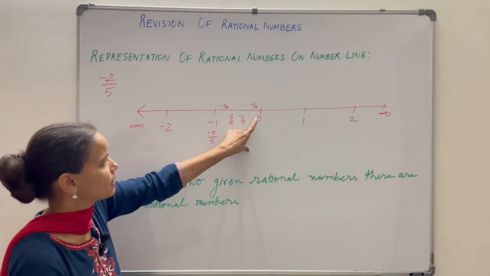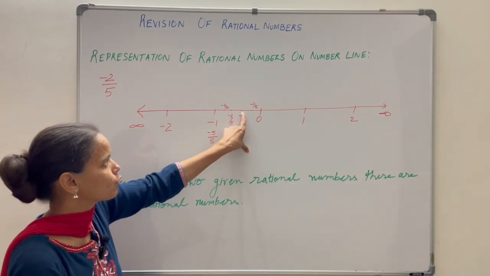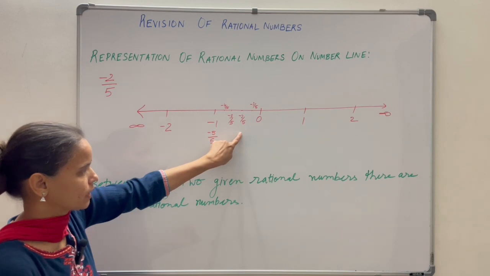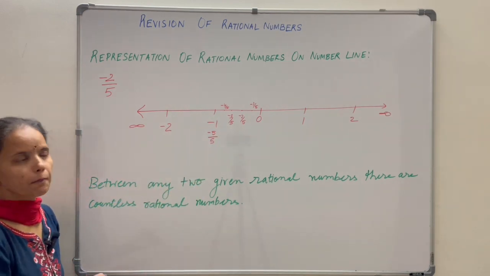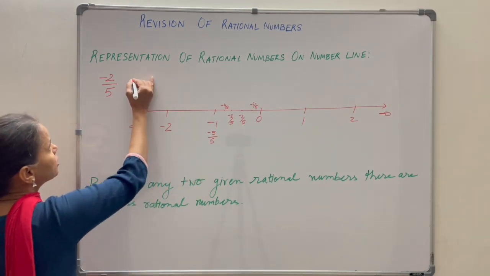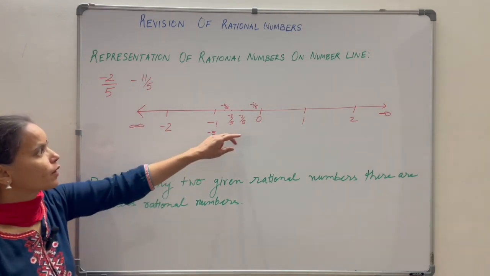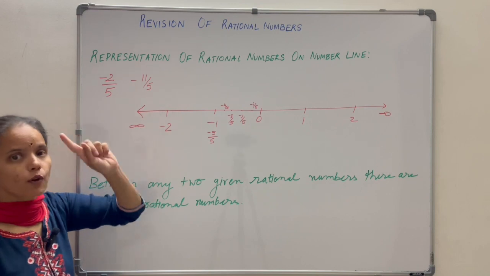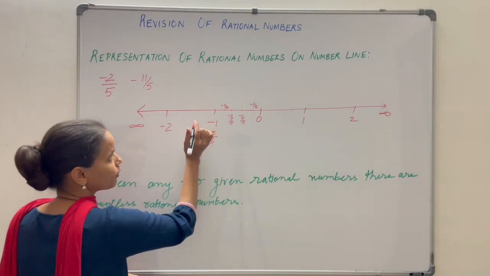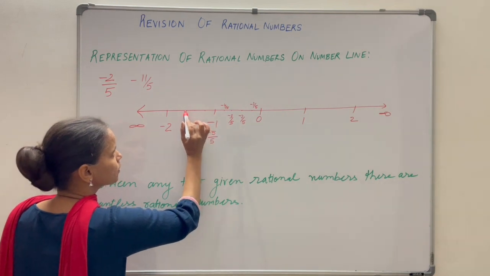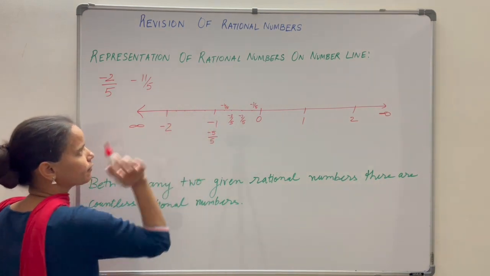See, minus will tell this side. 2 means 1, 2 units away. And 5 equal divisions you have made for 1 unit. Now let us take one more number, say for example minus 11 by 5. So we are going to make 5 divisions for 1 unit. We have already finished for this. So let us make 1, 2, 3, 4 and 5.